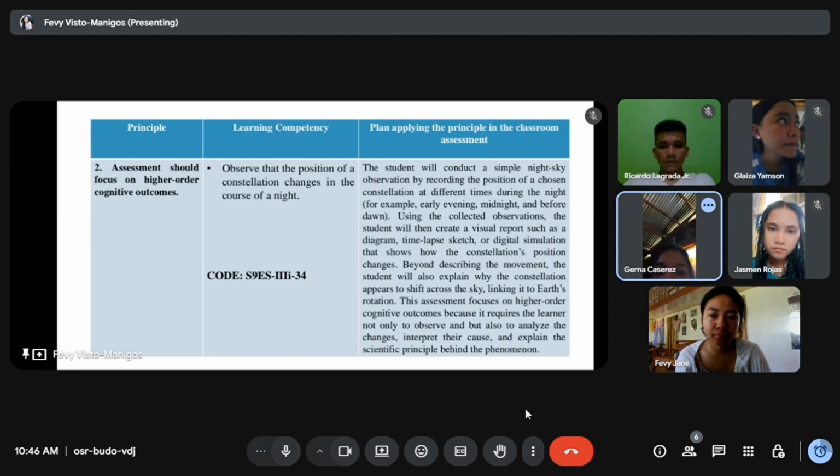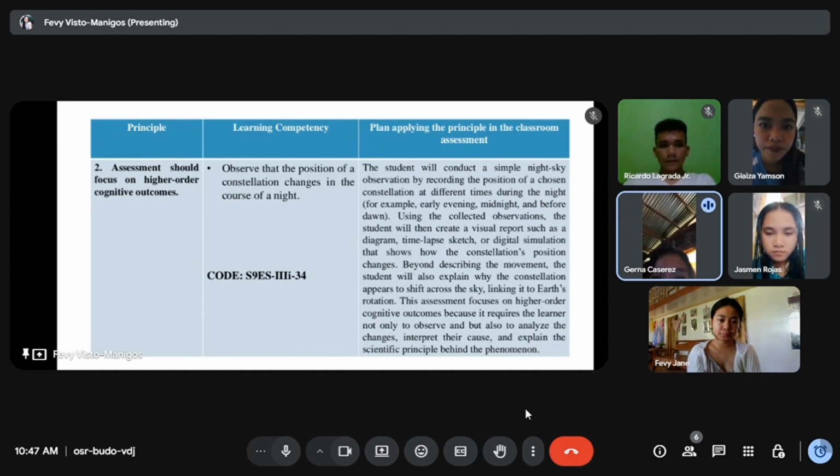The principle is that assessment should focus on higher order cognitive outcomes. In the learning competency, observe that the position of a constellation changes in the course of a night.